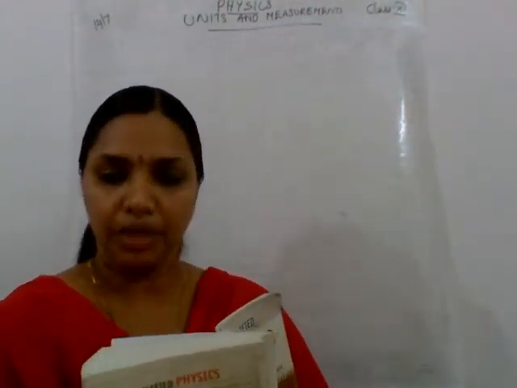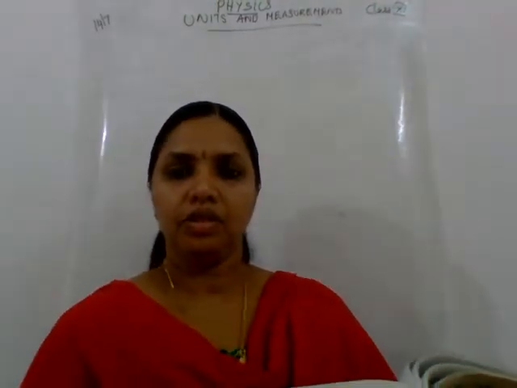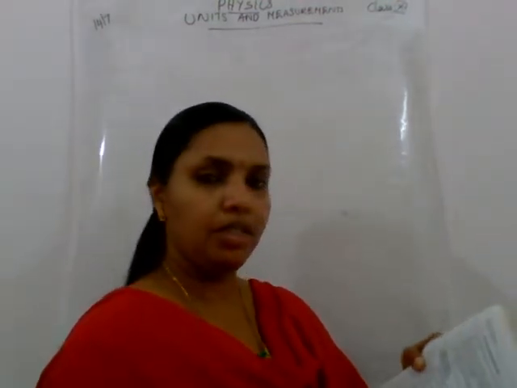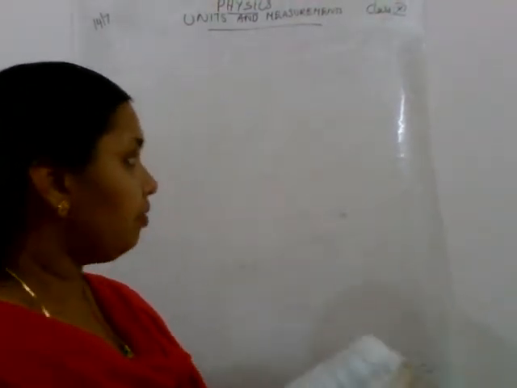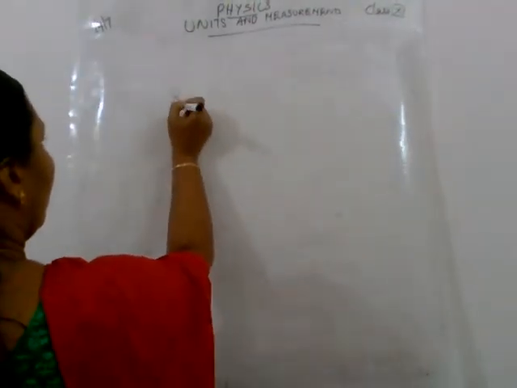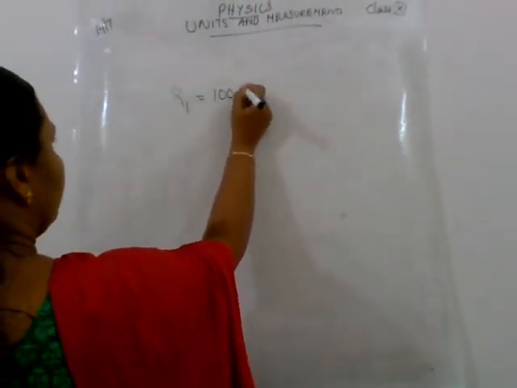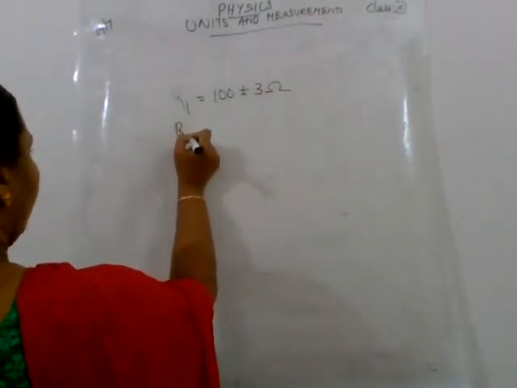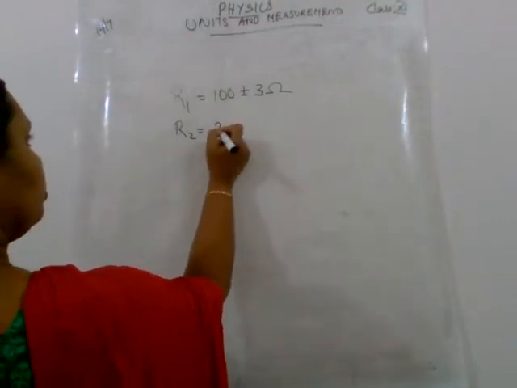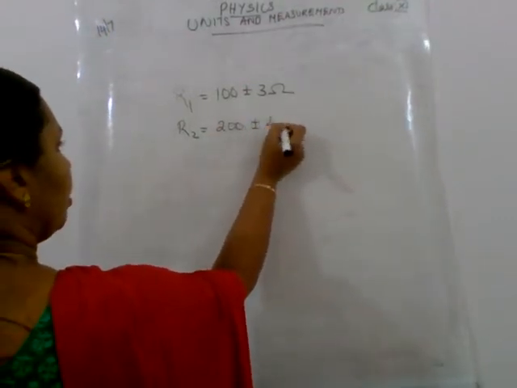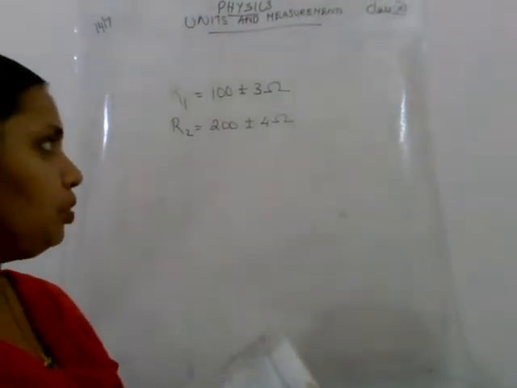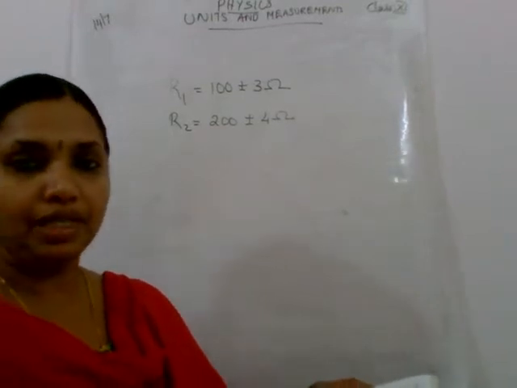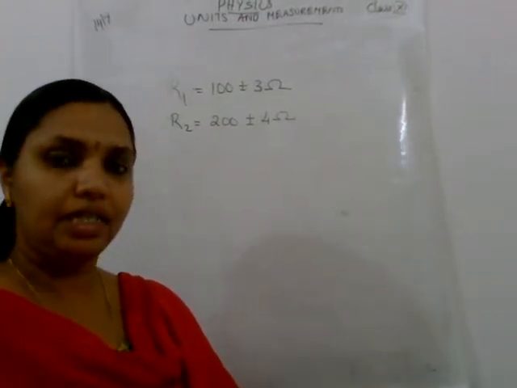Write down: two resistances, R1 is equal to 100 plus or minus 3 ohm and R2 is equal to 200 plus or minus 4 ohm, are connected in series.